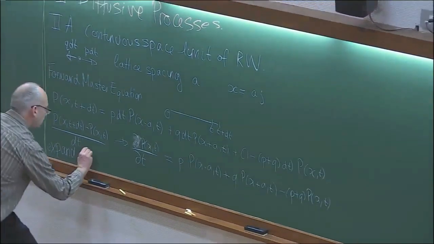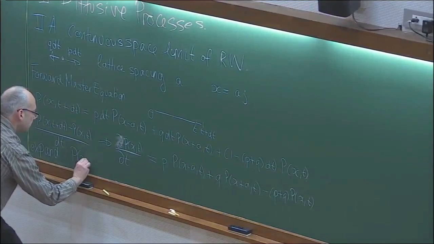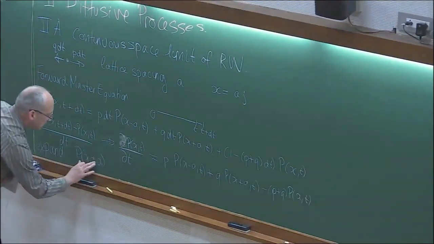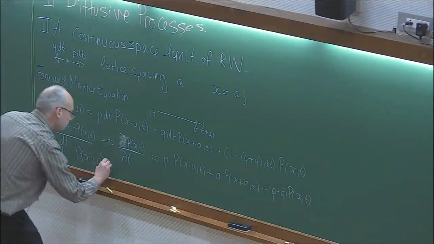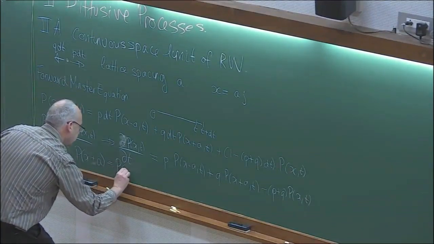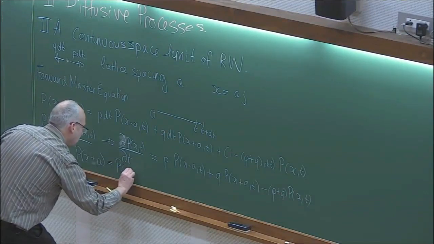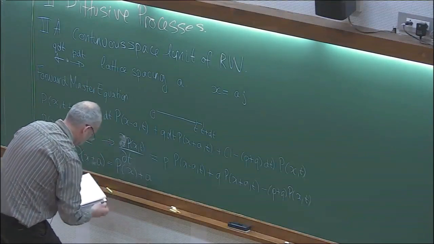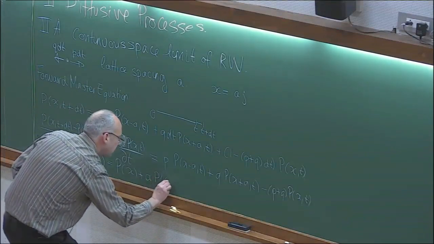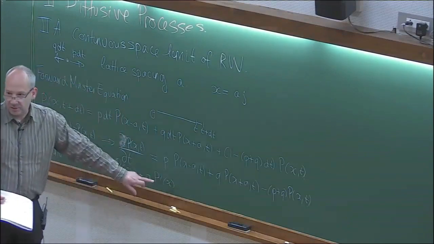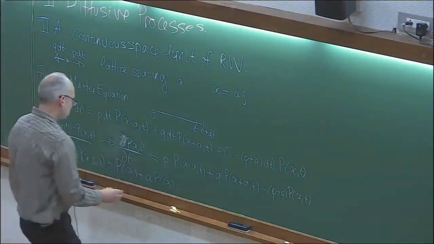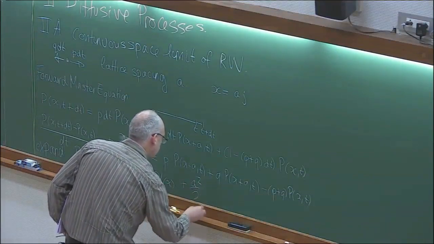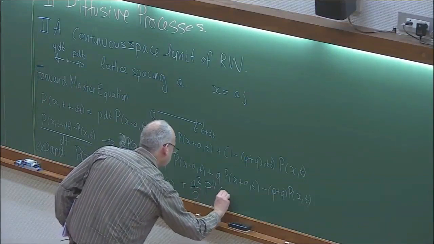What I'm going to use is P of x plus or minus a. Let's just do plus to start with. For the Taylor expansion, P of x plus a will be P of x plus a P dash of x, where the dash is simply the derivative d by dx, plus a squared over 2 P double dash of x.